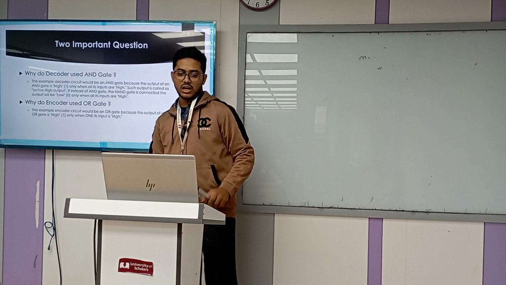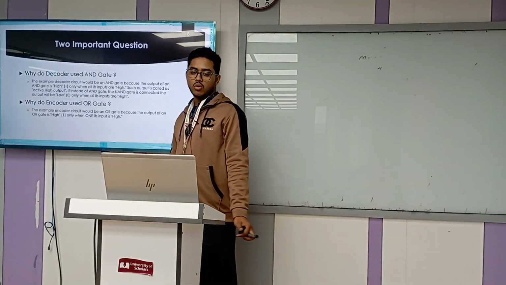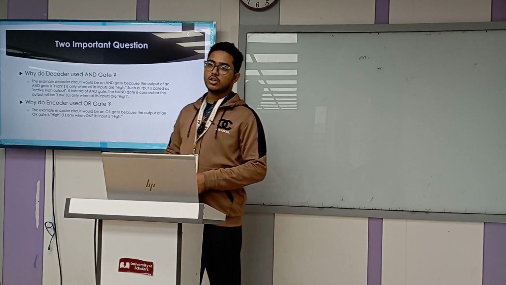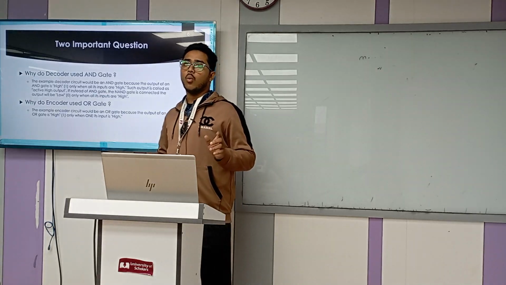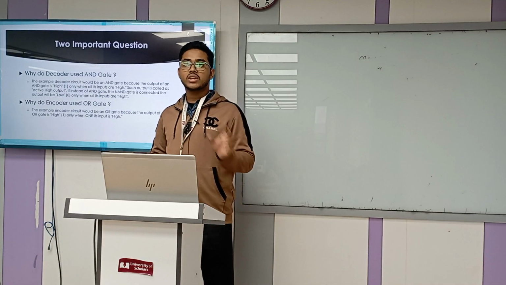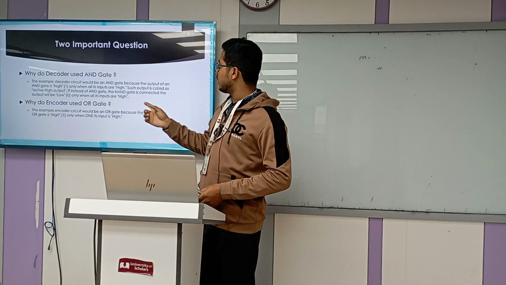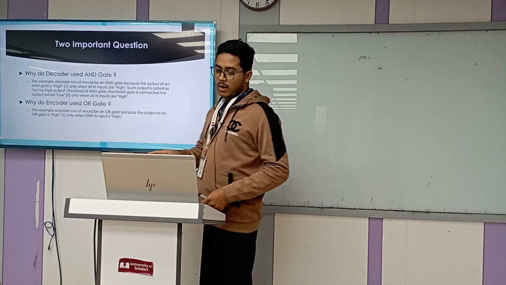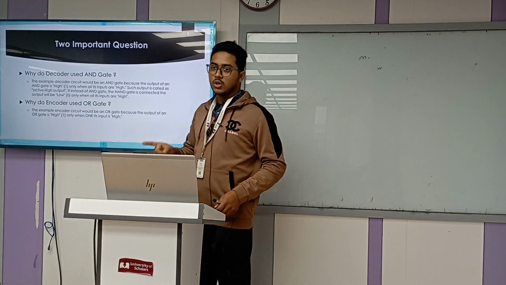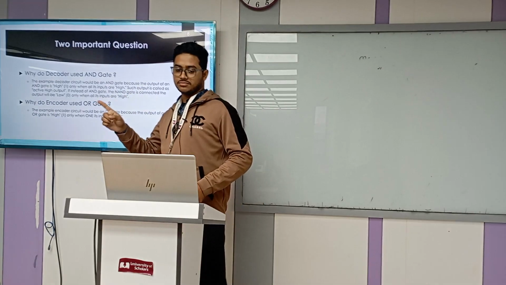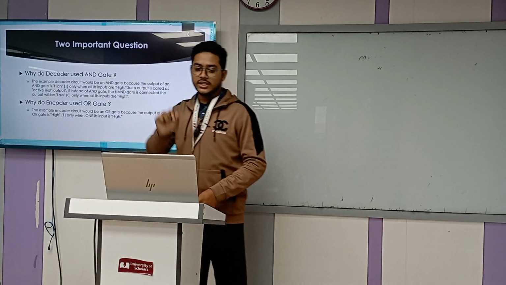So two important questions: how does a decoder use an AND gate, and how does an encoder use an OR gate? You also know that for an AND gate, when all inputs are high, then we get output high. And you can see in the previous slide, when I explained the truth table and logic diagram, when all inputs are high, we get output 1 for the decoder.